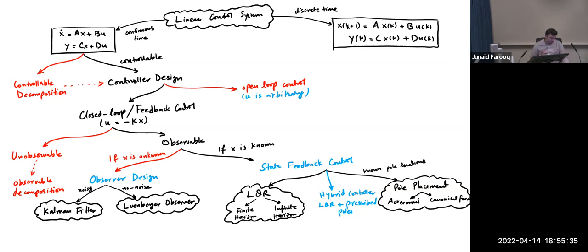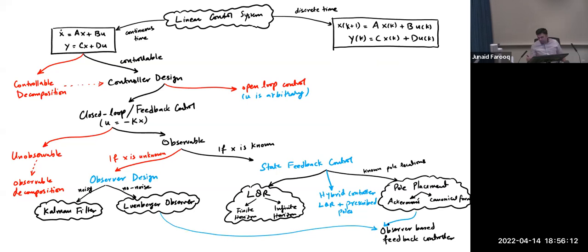So if you combine the pole placement and the Leuenberger observer, you will get some controller, which is called the observer-based feedback controller, right? So if you combine this and this, basically you will get observer-based feedback control, right?